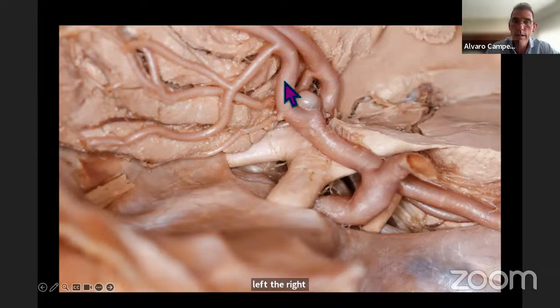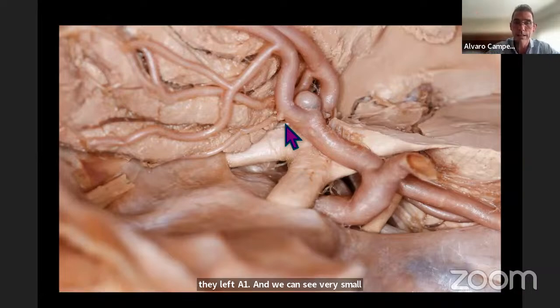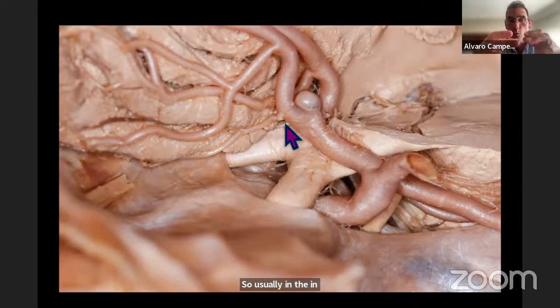So both right and left A2 are the continuation of the left A1. And we can see very small the A1 on the contralateral side, the right side. So when we treat an aneurysm, it's very frequent to see that kind of thing.